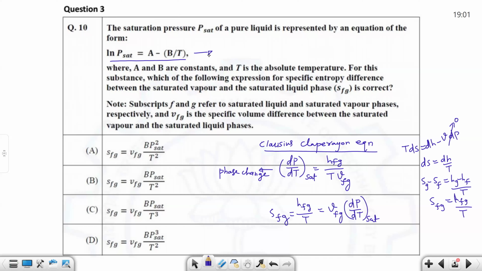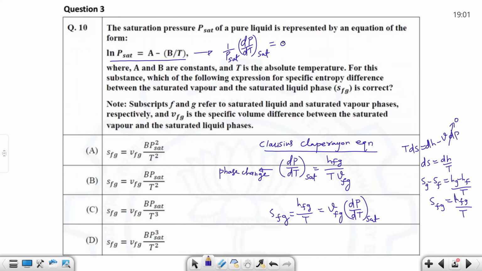So this equation, if you differentiate 1 by P saturated into dP by dT, because this is in the saturated condition, is equal to A is constant, so 0.